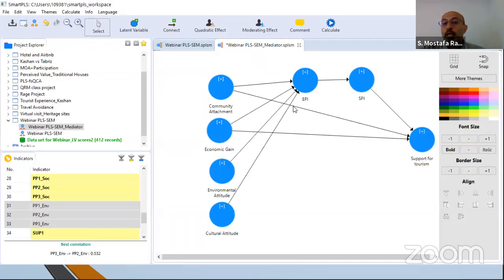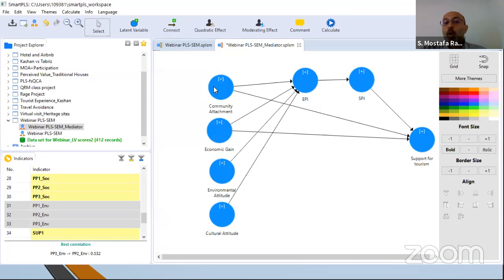When we have two mediators, first we need support for hypothesizing this mediation. It means these two variables together mediate the relationship between community attachment and support.